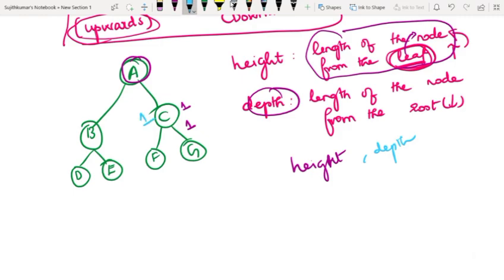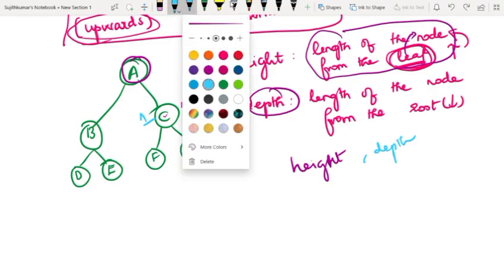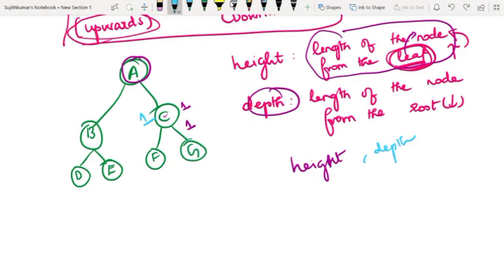What is the height of the whole tree? We have just found the depth and height of node C, but what is the height of the tree? Depth and height measurement is very simple. For depth, I start from the root node and go up to the last leaf. So 1, 2, the depth is 2.